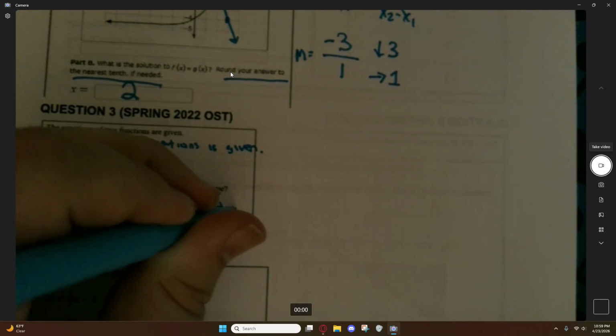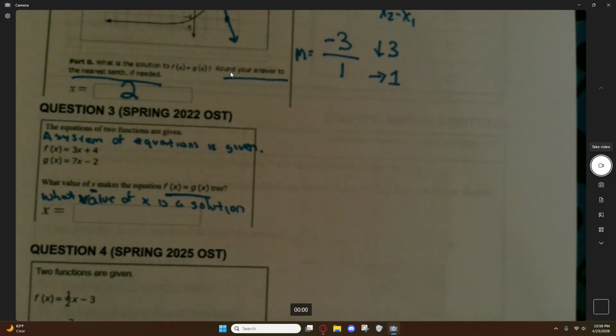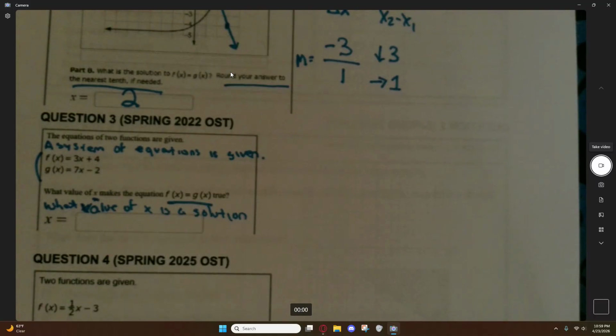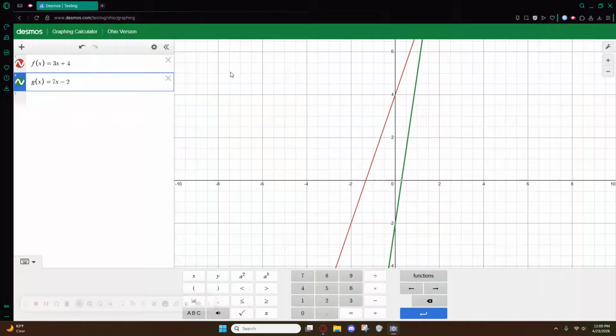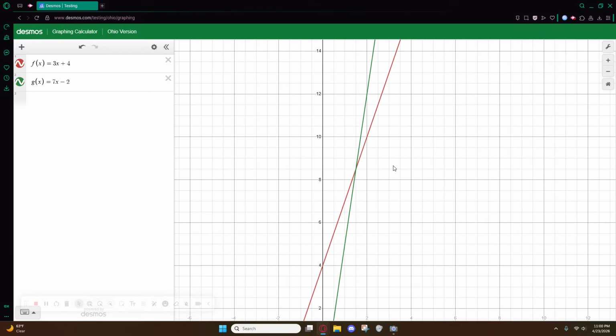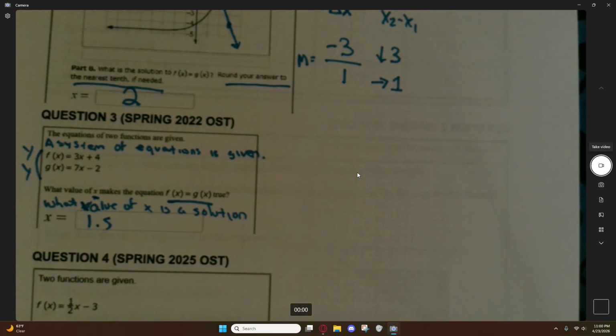All those things that we've been doing, where it's just graph it, see where they cross, that's all you're doing here. This is just a system of equations. It's two equations given, just instead of y's, they put f of x and g of x. Put it in, where do they cross? Bam, 1.5, x equals 1.5, you're done.